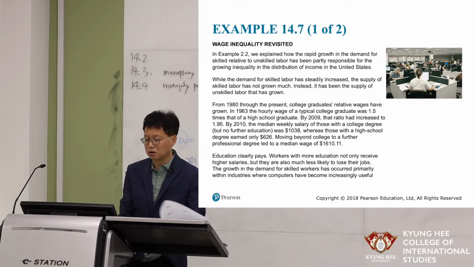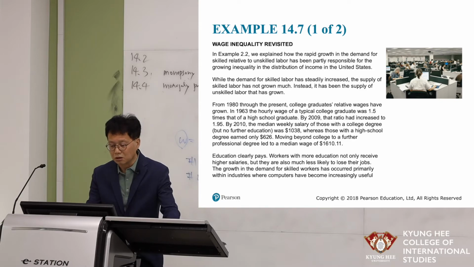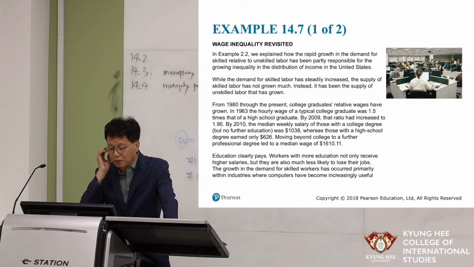In example 2.2 of the earlier chapter, we explained how the rapid growth in the demand for skilled relative to unskilled labor has been partly responsible for the growing inequality in the distribution of income in the United States. That is the wage gap between skilled and unskilled laborers, right?